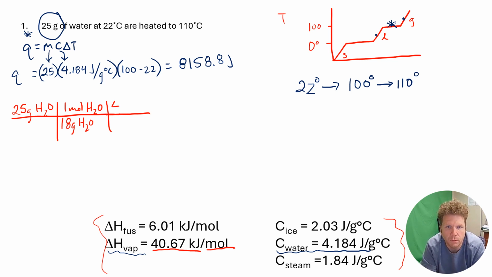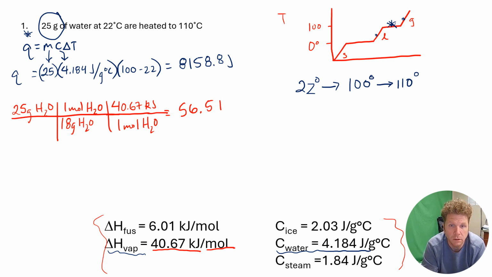So I'm going to say 25 times 40.67 divided by 18.